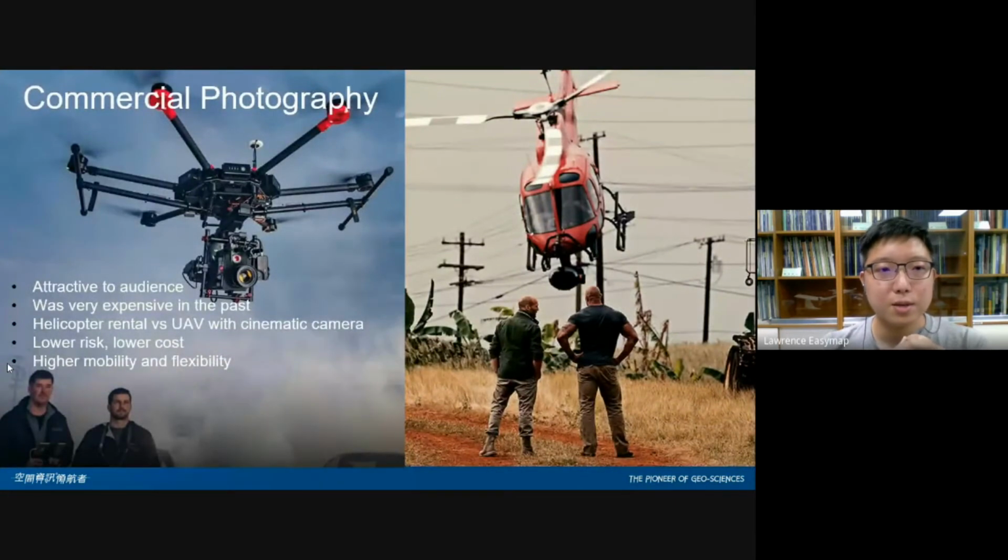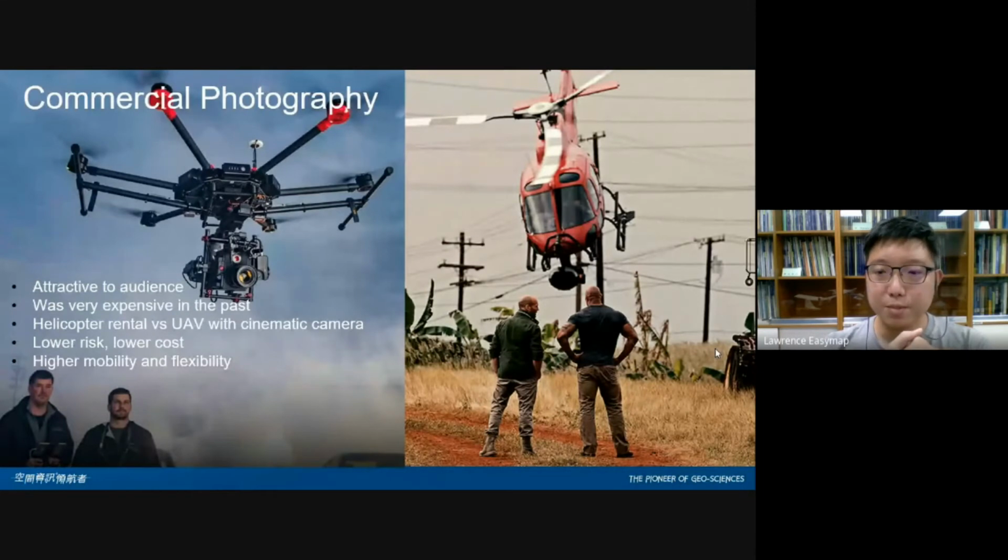So here is a comparison. For commercial photography in the past, it was just like the picture on the right-hand side. It could be very risky because in the past, when the technology was not so advanced, if the filming team wanted to carry a large camera, they could only hire a helicopter and a pilot.